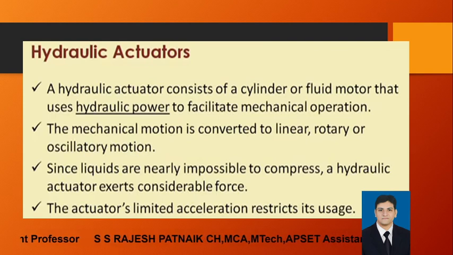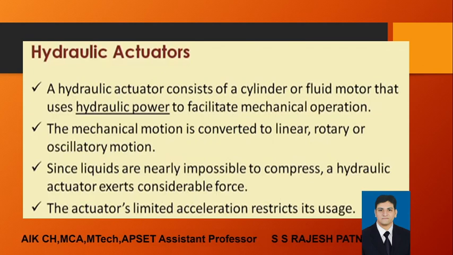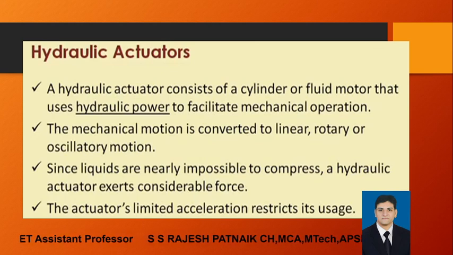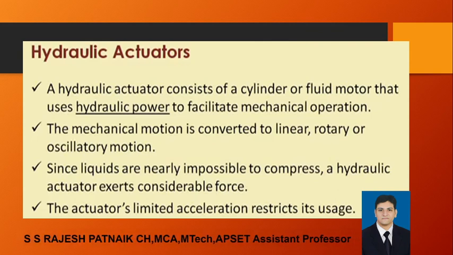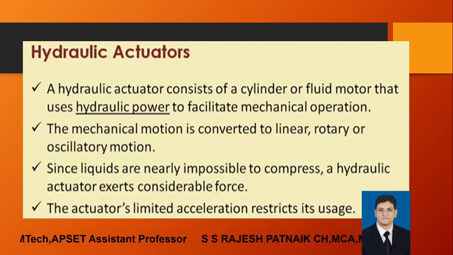The hydraulic cylinder consists of some gas. The gas level will always be checked by the actuator. Once the gas level is sensed by the sensor, which may be a smoke sensor or any temperature type of sensor, it indicates the hydraulic power.